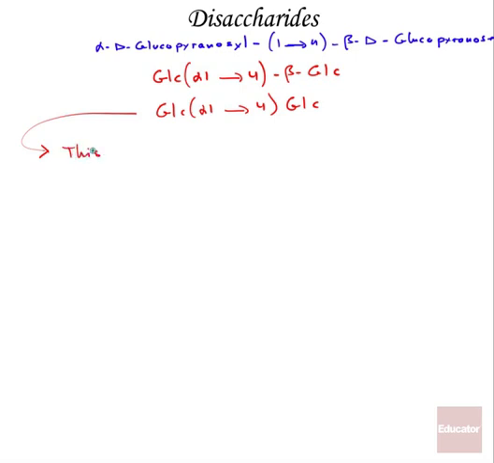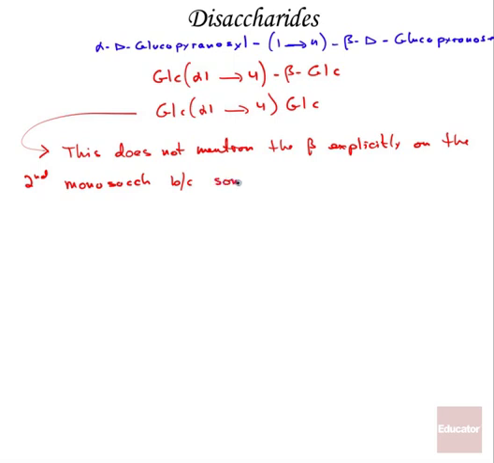So this does not mention the beta explicitly on the second monosac because of something called mutarotation.